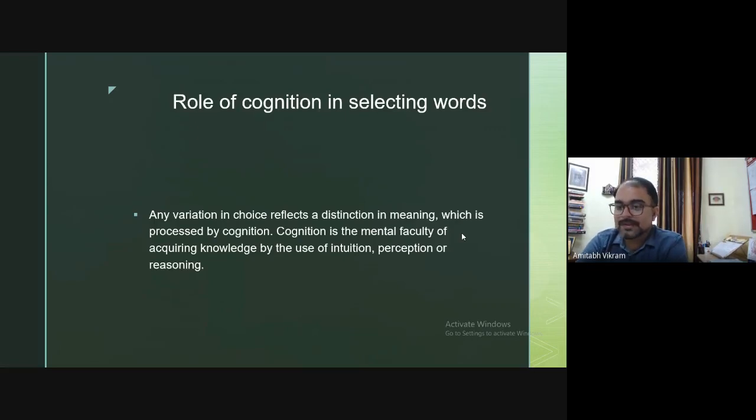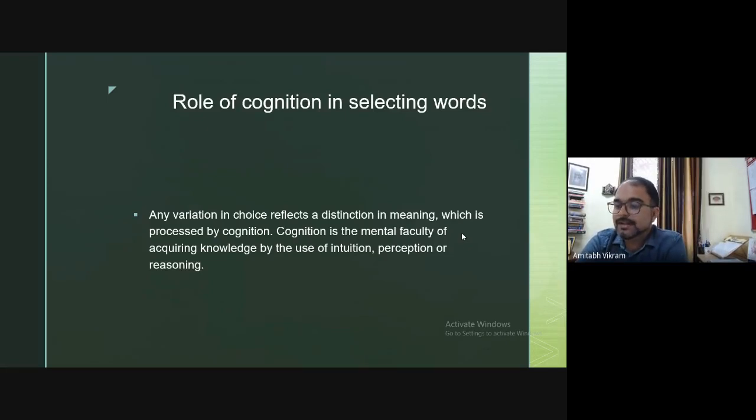Now, what is this thing? You have certain perception, certain intuition, certain reasoning, and based on that, you use the word. For example, I know a person like you, and if I say what is the reason behind your risible, I am aware that your vocabulary is not as rich as mine.